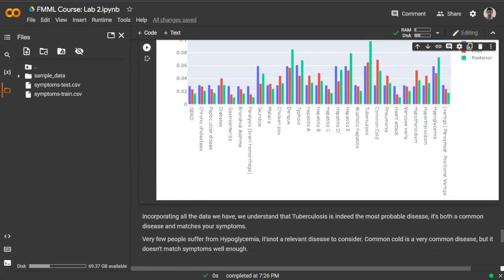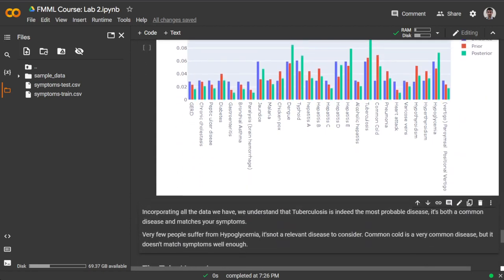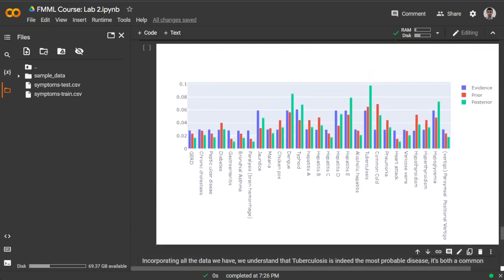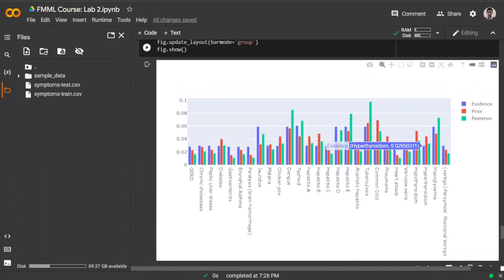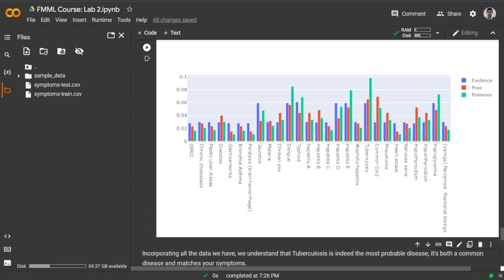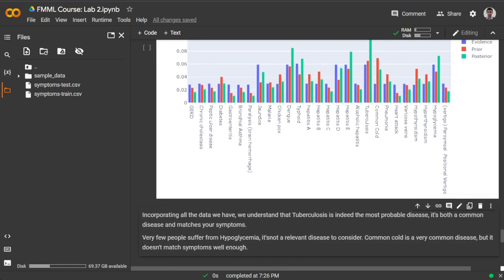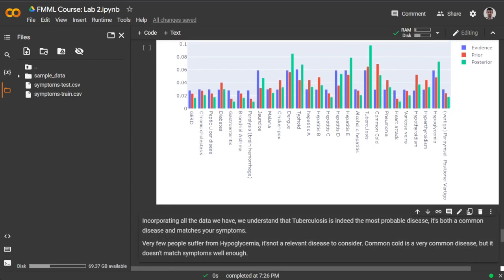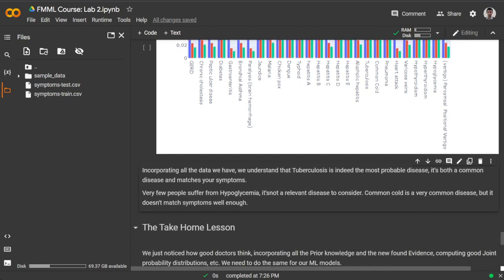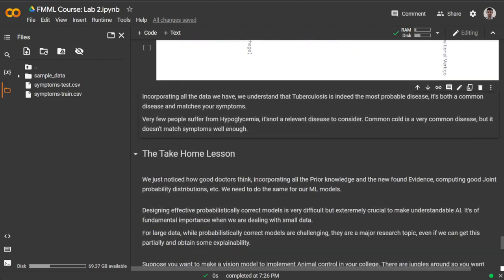So this is how we would reason about multi-class classification, by computing for every single class the probability of class given the symptoms, which would be equal to the probability of symptoms given the class times the probability of the class divided by the probability of the symptoms. The probability of symptoms can be ignored because it's just a normalization factor, and if you have more than one symptom, then you can just multiply the probability of those symptoms together to apply it to the Bayes rule.